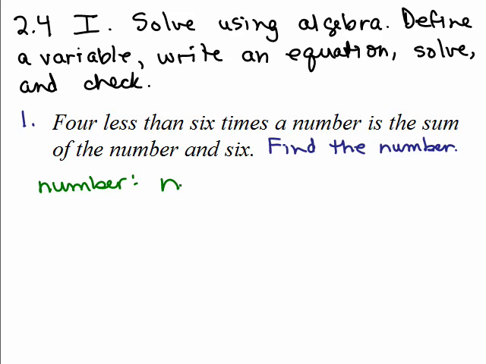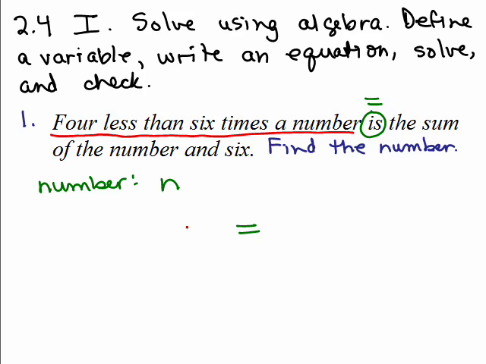All right, 4 less than 6 times a number is the sum of the number and 6. So this really breaks up the equation. All right, so the left side of the word is tells us what's on the left side of the equation. 4 less than 6 times a number. All right, so we're subtracting 4 from something.